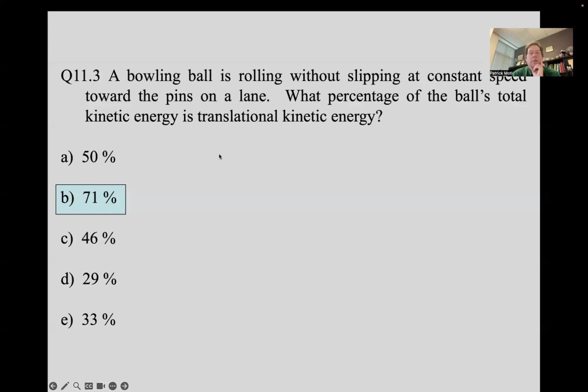See if we can get this to make sense for you. So the numerator, I want translational kinetic energy. So I'm going to have a half m v squared. And then in the denominator, I've got total kinetic energy. So that's translation plus rotation.